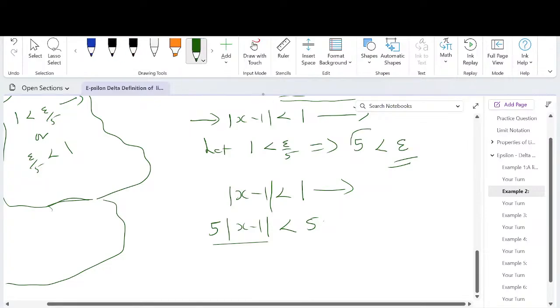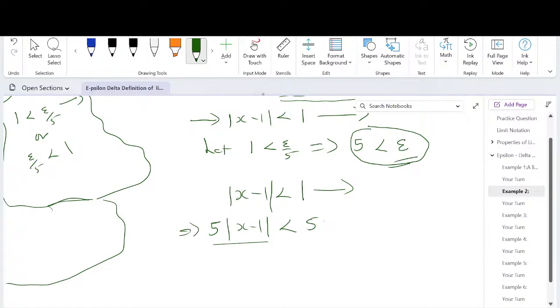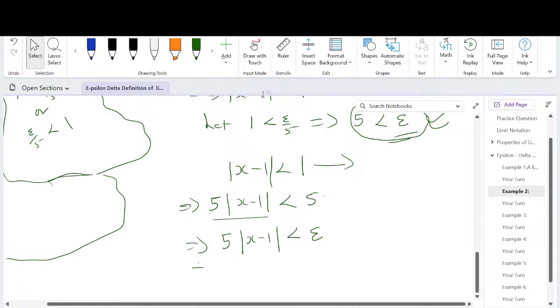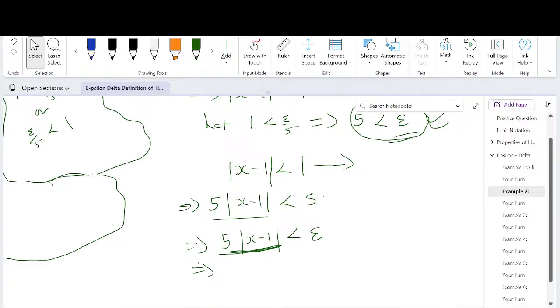Look at it. Since 5 is less than epsilon, it means that 5 times the absolute value of x minus 1 is less than epsilon. That is what we established here. Don't forget that this part of the expression represents the absolute value of x minus l.